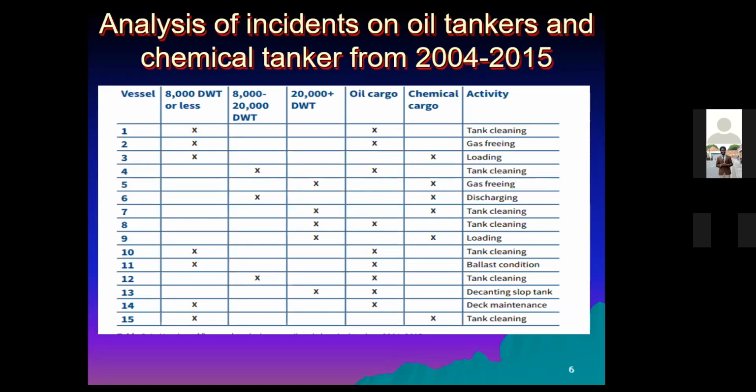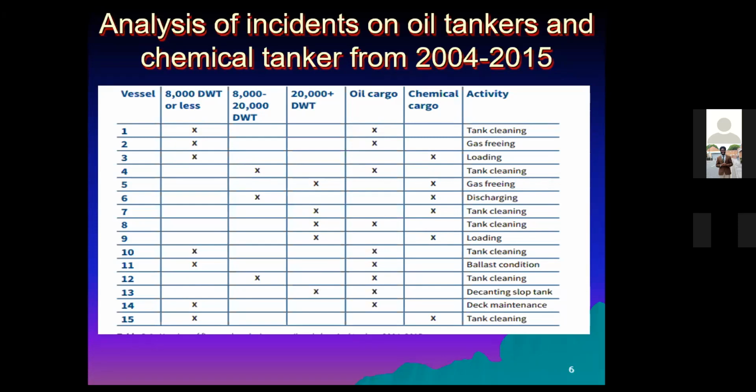That's one of the reasons why the inert gas regulation was reviewed in 2015 and implemented in 2016, that all oil tankers of 8,000 deadweight tonnage carrying low flash point cargo must be fitted with inert gas. Some of the incidents here are actually a result of deck maintenance.